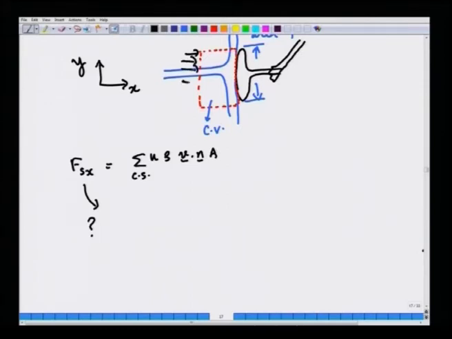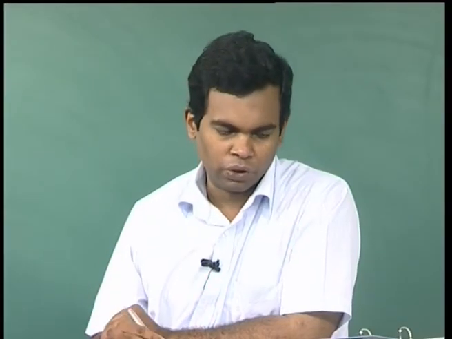There is clearly atmospheric pressure acting, and there is a force exerted by the solid surface on the fluid. Let us call that force Bx. This is the force exerted by the solid surface on the fluid. Again, let us not worry about the sign, it will come out naturally from the problem.